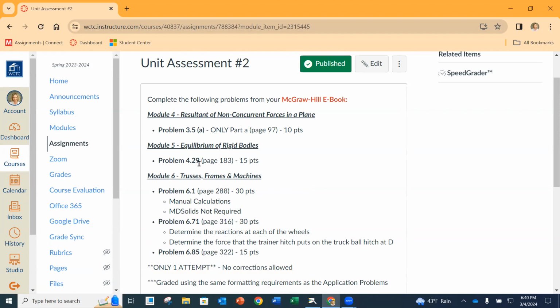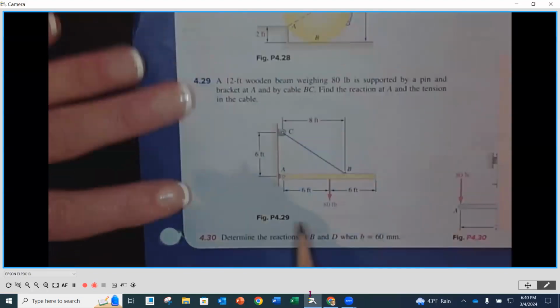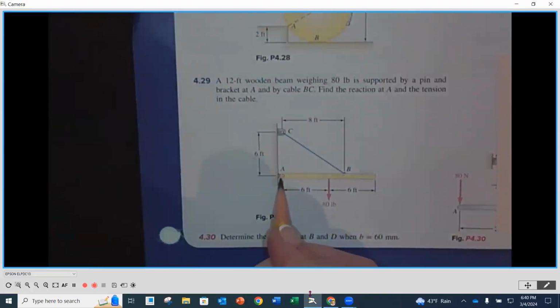Now, something I wanna let you know is, for instance, this might happen in more than one place. On problem 429, for instance, I'm gonna go underneath here. You will have an X and a Y reaction at A because it's a pin.